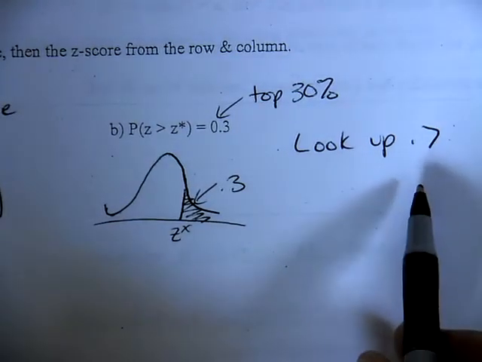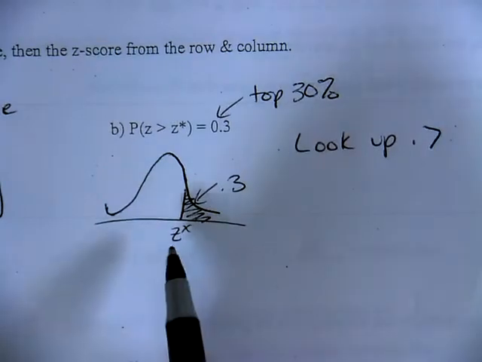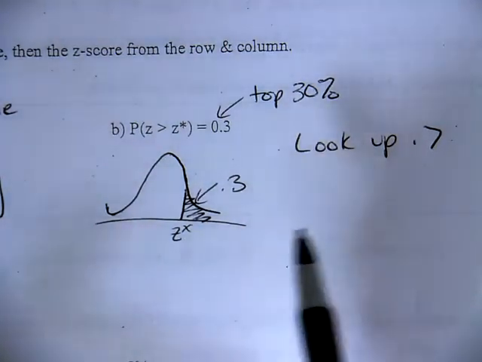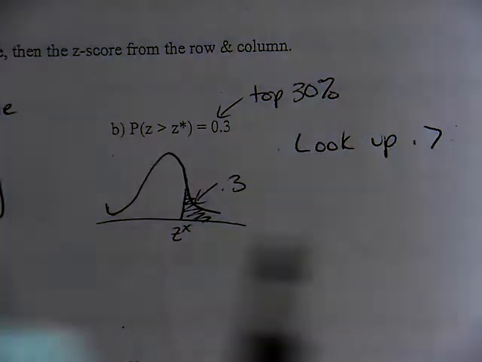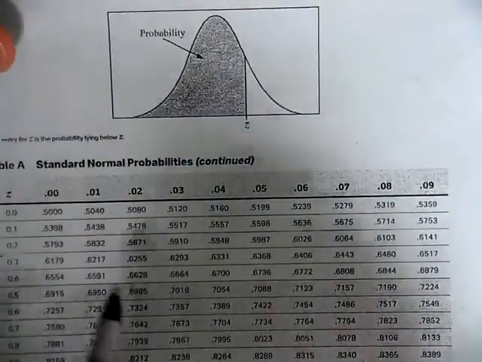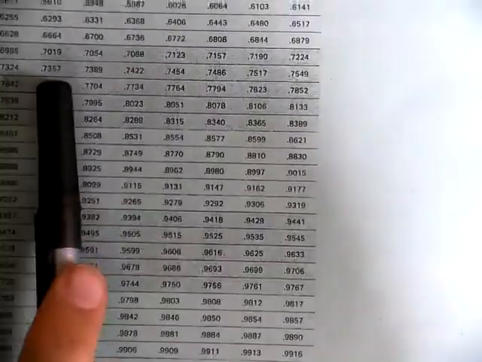I'm going to try to get as close to 0.7 as I can, because that'll tell me the z-score that would be greater than. So don't do 1 minus. Well, you are going to do 1 minus, but I'm going to be on the positive side. The positive side is more than 50, the negative side is less than 50. So I want to get as close to 0.7 as I can.